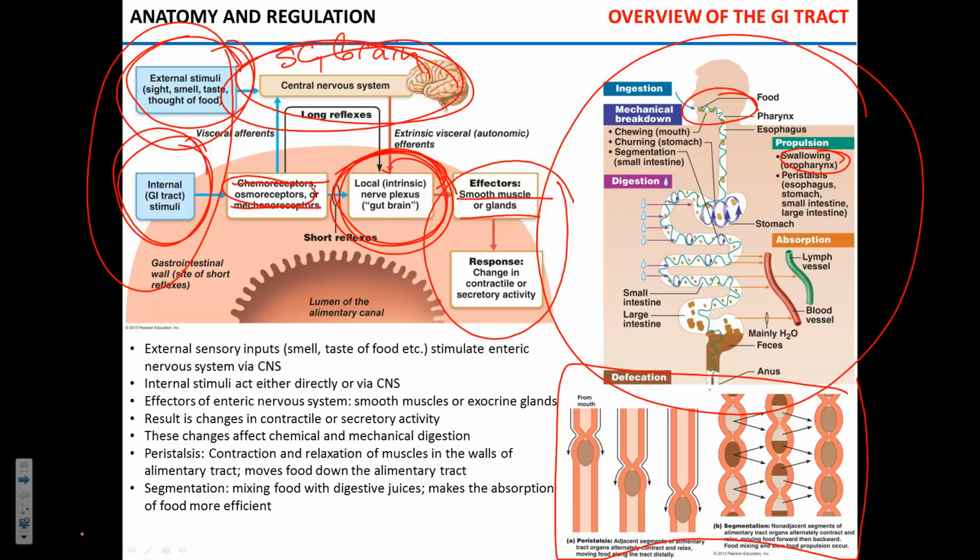And then when food enters the esophagus, it is being squished down into the stomach. So that's your first example of peristalsis. Any type of activity that moves the food is called propulsion, right? Swallowing, peristalsis is a propulsion. Then eventually it gets into the stomach.